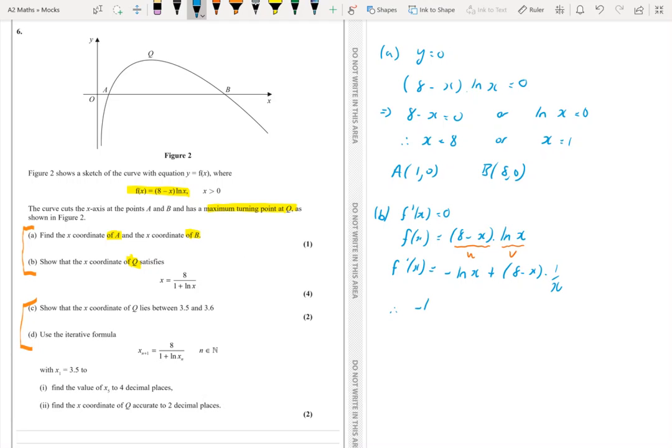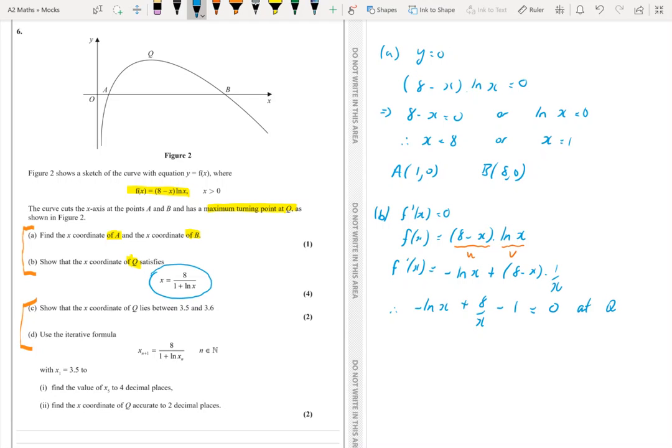So therefore minus ln x plus, let's expand that bracket, we've got 8 over x minus 1 equals 0 at this point Q that we're trying to find. Okay, and that's an equation. We're not going to solve it. We just have to show that it's equivalent to the equation in the question.